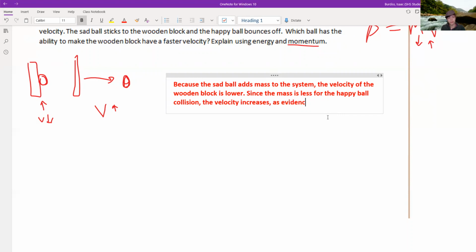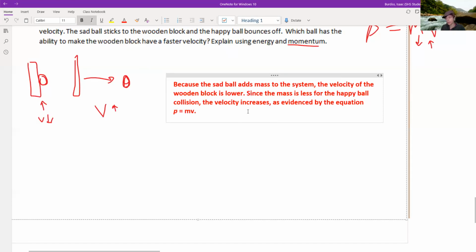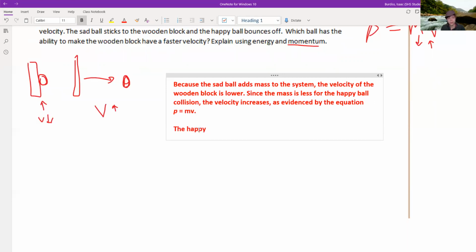As evidenced by the equation, and in terms of energy, the happy ball conserves kinetic energy, and the sad ball does not.